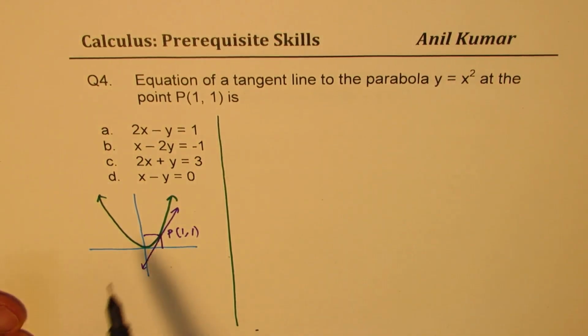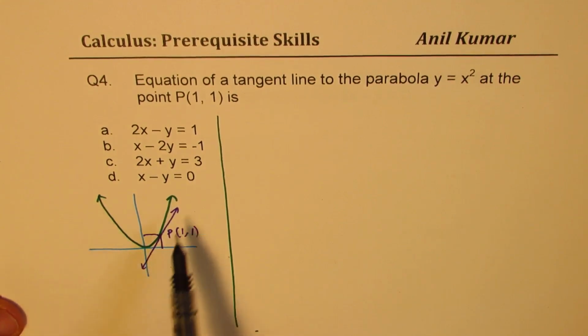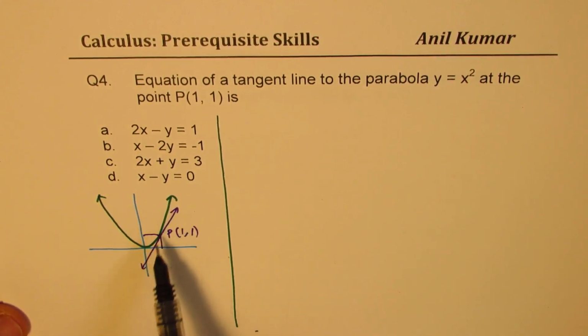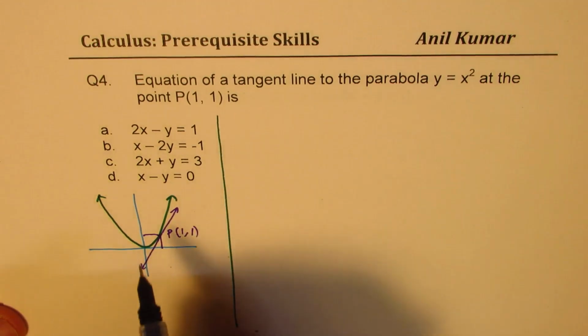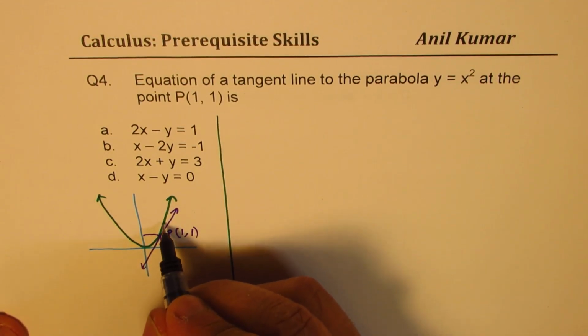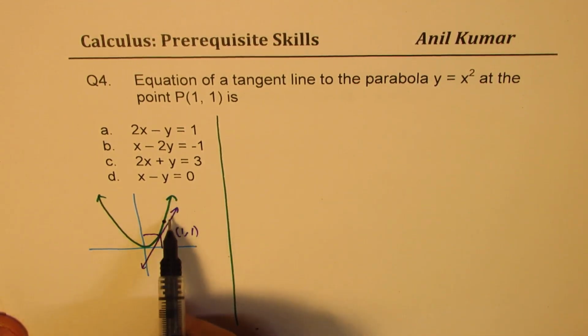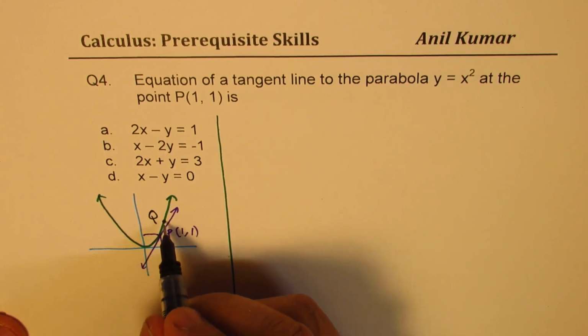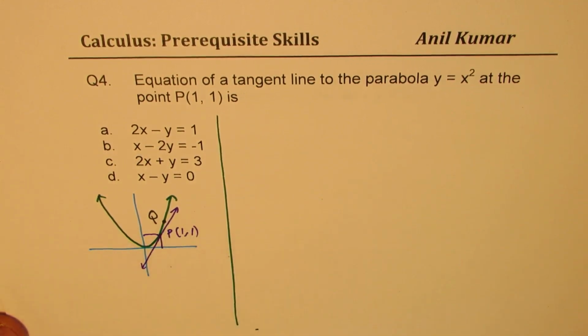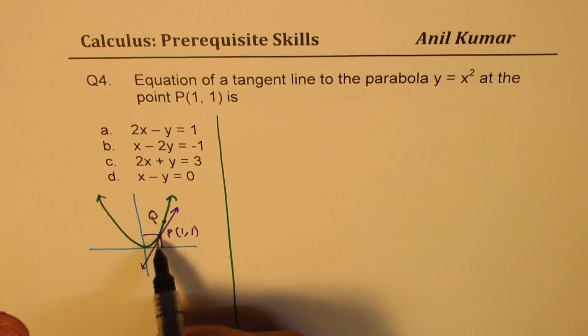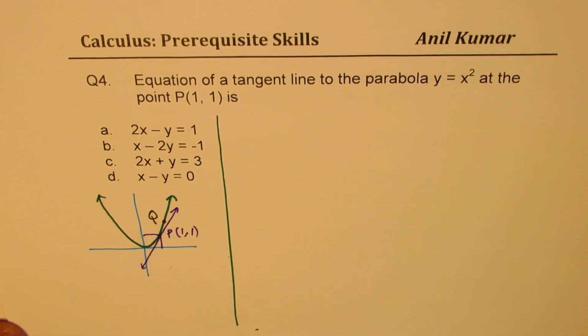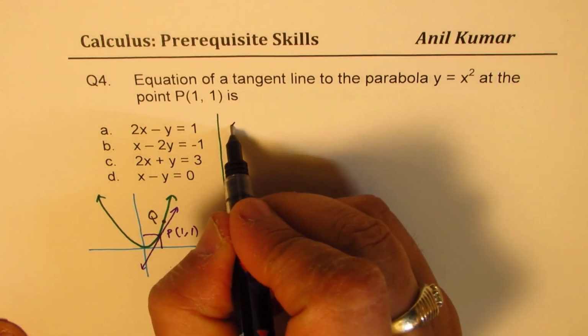So on a curve, to find the instantaneous rate of change, we can consider a point Q on the parabola, which is very close to P. Let us say it is h distance away.